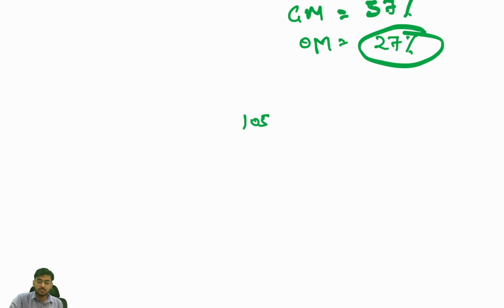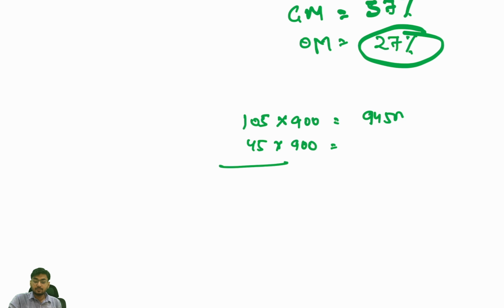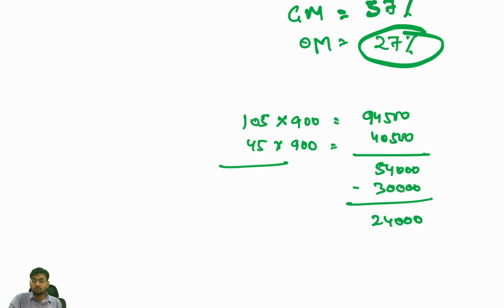Pricing is the same 105, but number of units sold 900. 45 is the cost, 900. Clear? So the difference: 94,500 minus 40,500, the difference is 54,000. Clear? 30,000 is your selling cost, then you are left with 24,000.